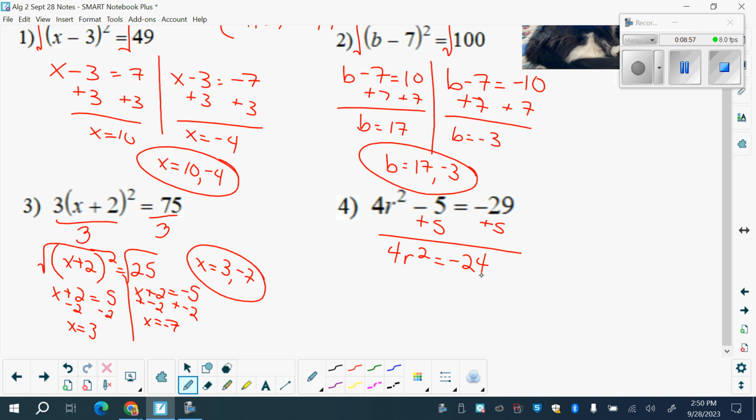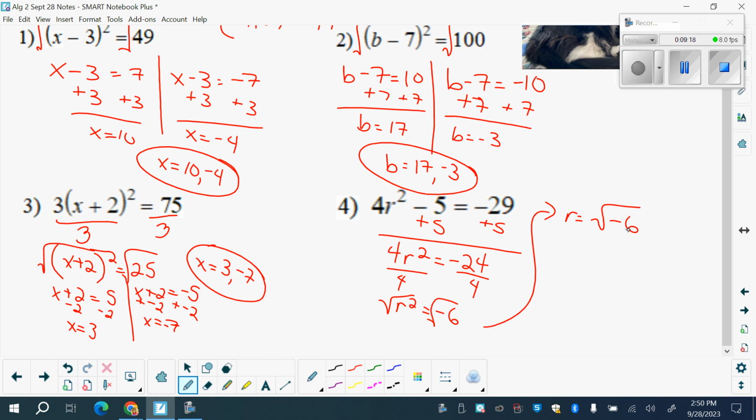So what's our next step here? Divide by 4. And we get r squared equals negative 6. What next? Square root. So we have r is equal to the square root of negative 6.